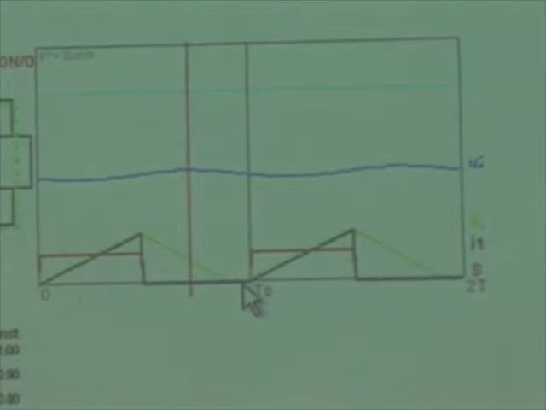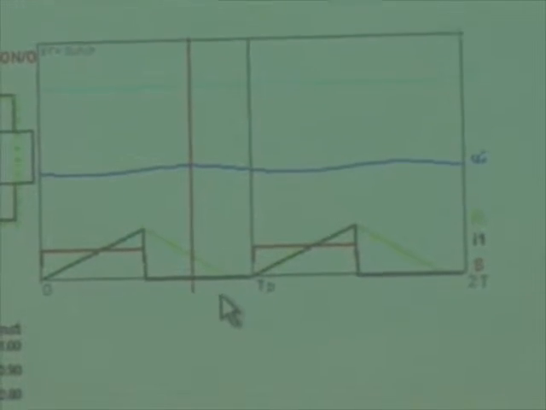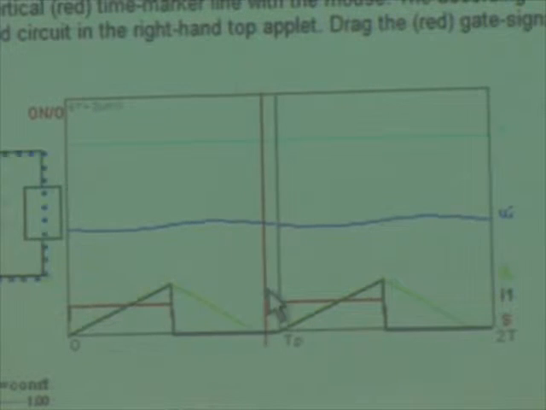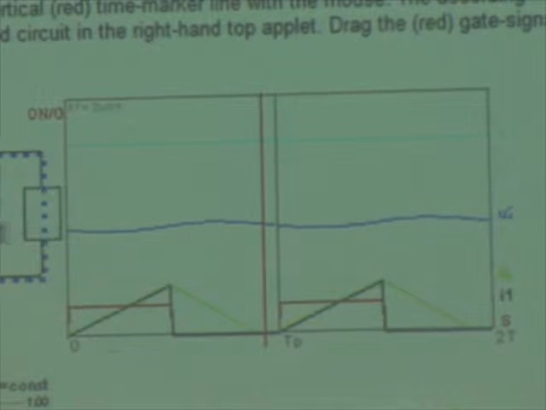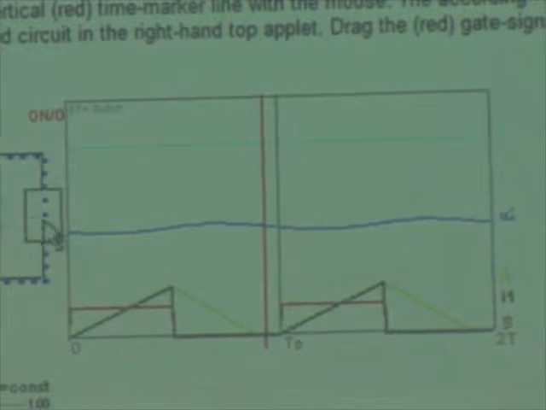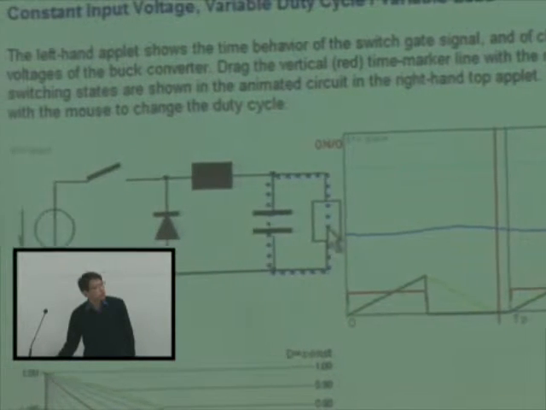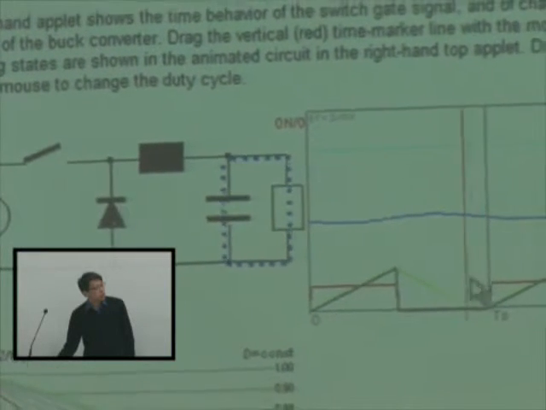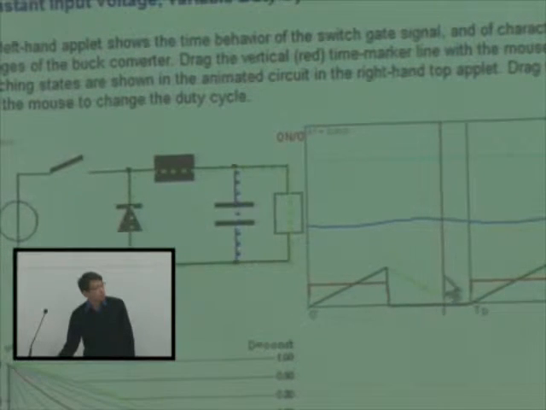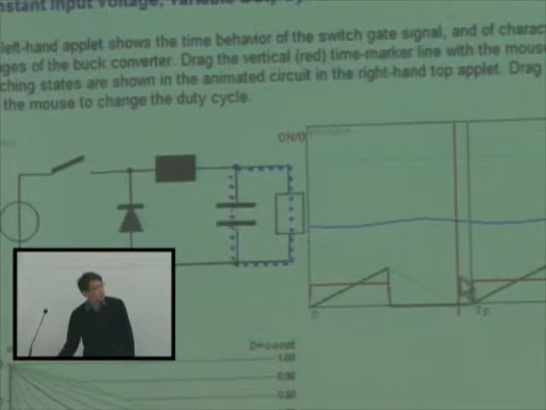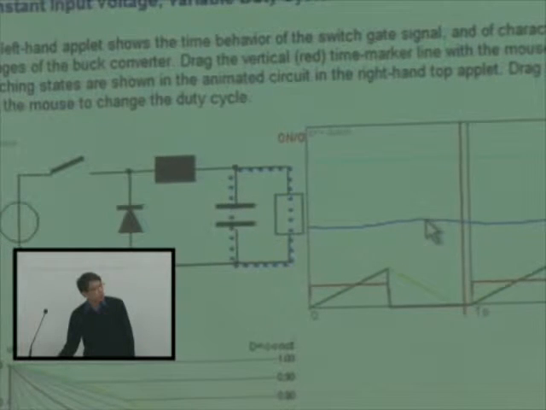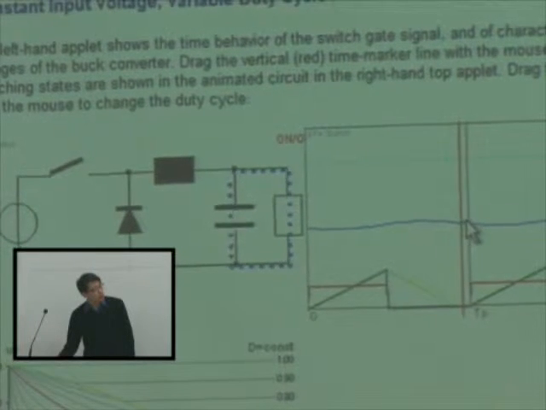If I go into this mode, then as you can see, the diode is now turned off, and the load current is solely supplied by the capacitor discharging current. Okay? So let's take a look at it here, and here. And as soon as the capacitor is discharging, you can see the output voltage is decreasing. Okay?